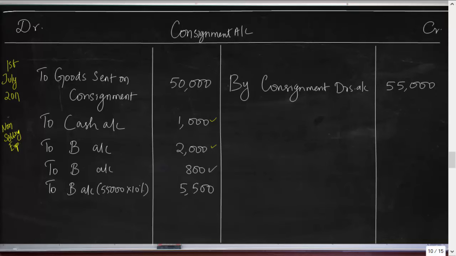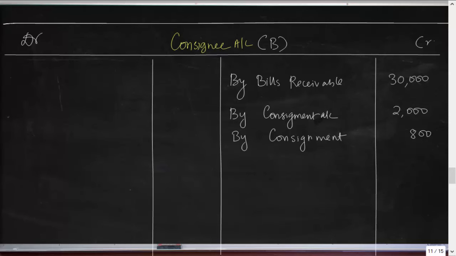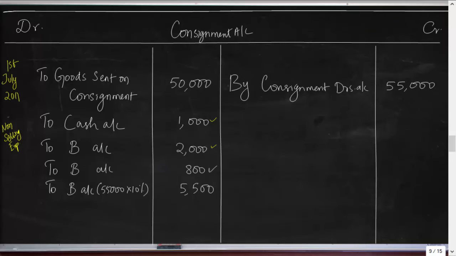So this is payable to consignee. So let's go to consignee account and we'll credit this also by consignment. What is the amount? It is 5,500. So we have covered that as well.